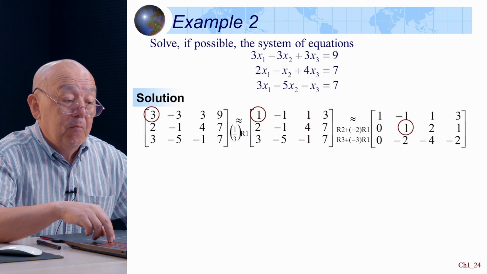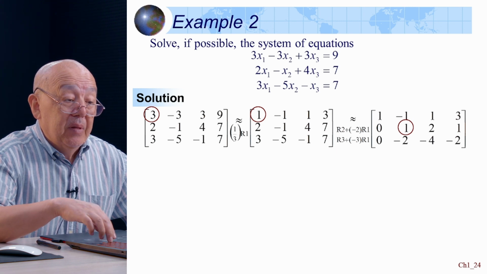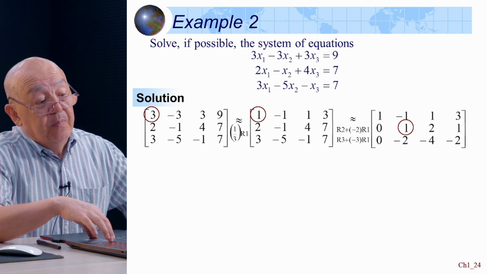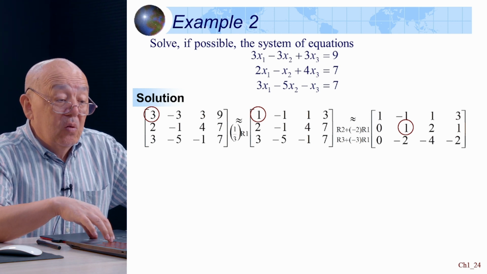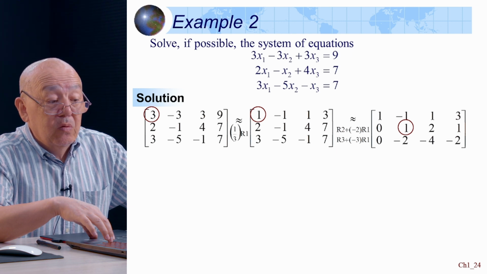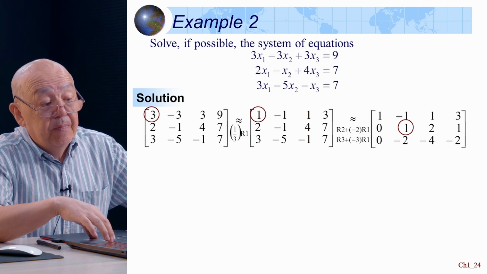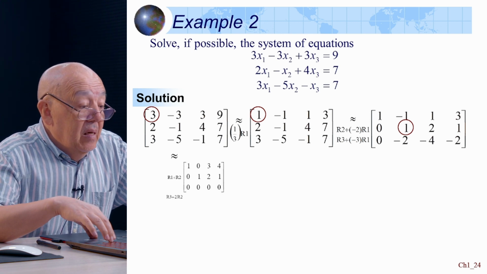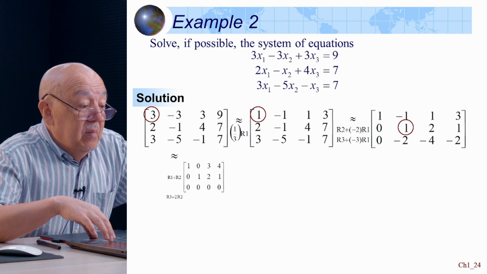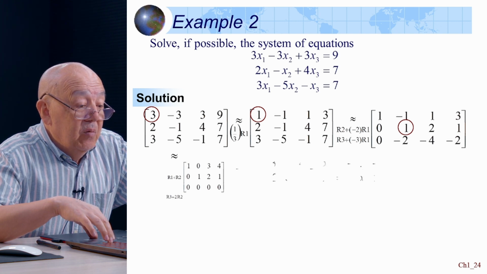Choose the next non-zero element, the first non-zero element of the second row. It is 1, it's ready already, just use it to clean the second column, R1 plus R2, R3 plus double R2, and you get this. And we get REF.